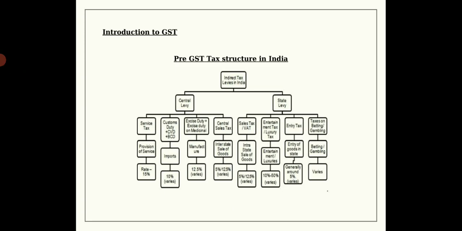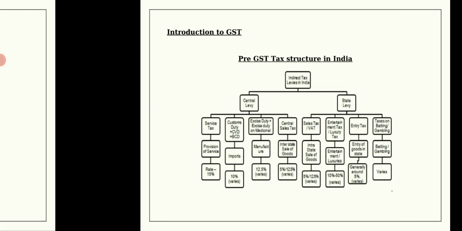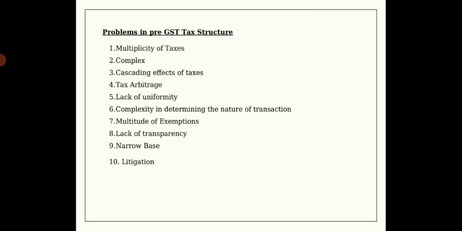Such a multiplicity of taxes distorts the tax structure and brings in complexities. So there are some problems in this tax structure. See the problems in the pre-GST tax structure. The first one, multiplicity of taxes. Second, complexity. Third, cascading effects of taxes.